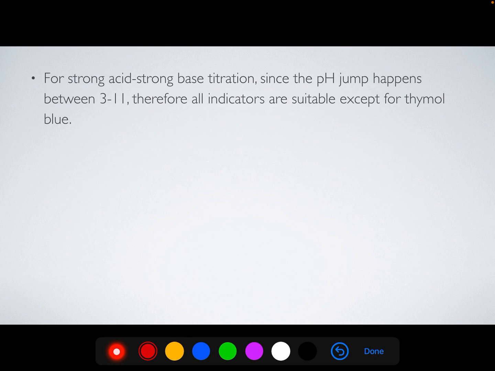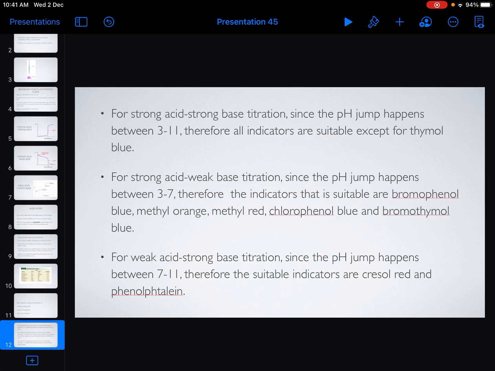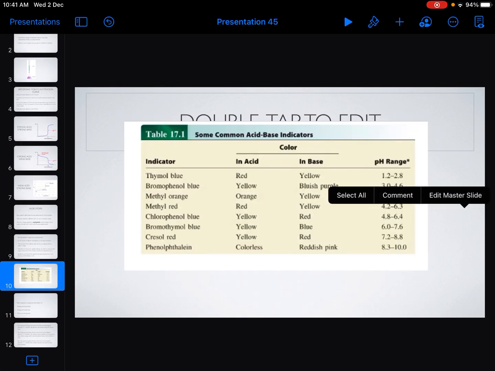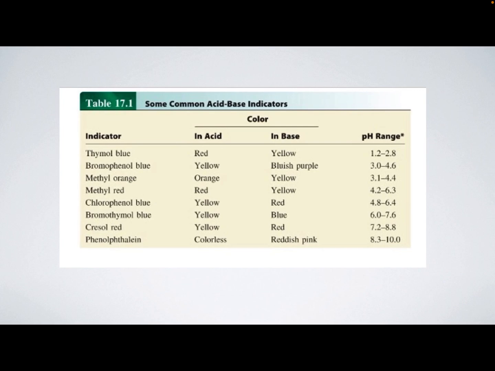Okay, kalau kita tengok balik kita punya pH range of acid base indicator tu, kalau kita tengok hampir semua berlaku pada range yang disebutkan tadi, 3 to 11. Okay, kecuali thymol blue.